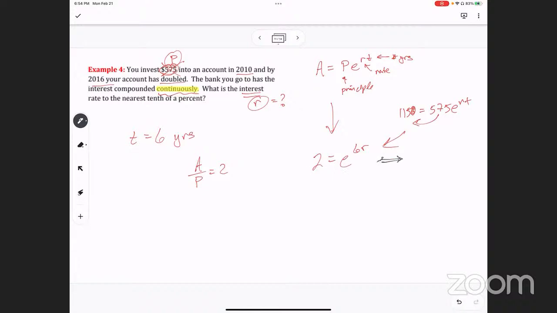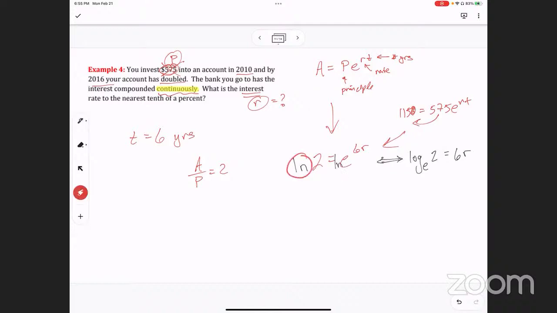It doesn't matter; you can do it either way. If you want to do the equivalence, you would say log base e of 2 equals 6R. Or you could take the natural log of both sides, not the log base 10. Because what's the base of the natural log?